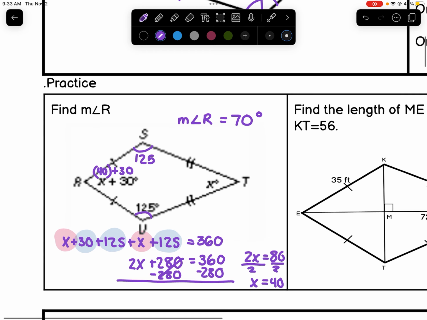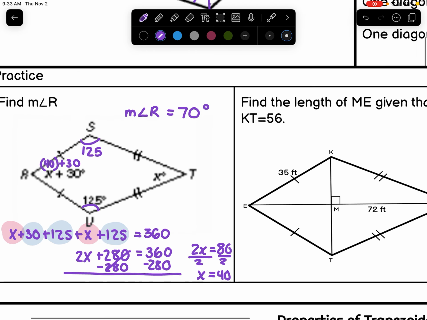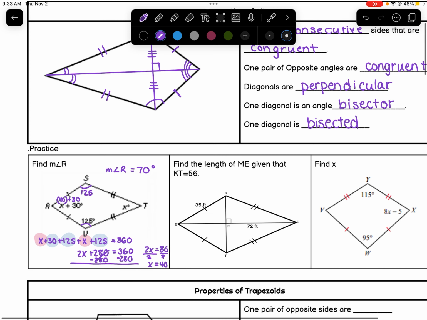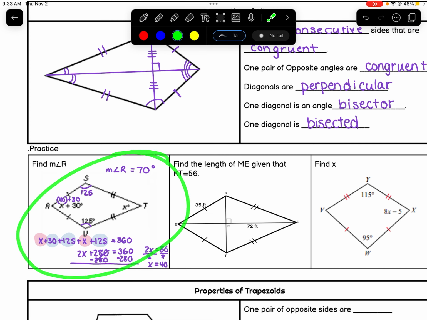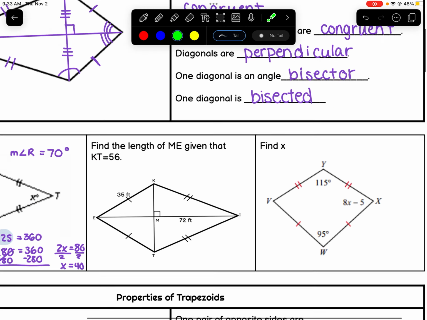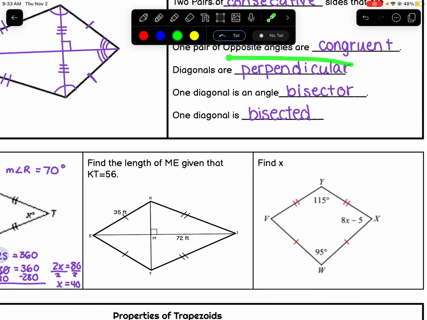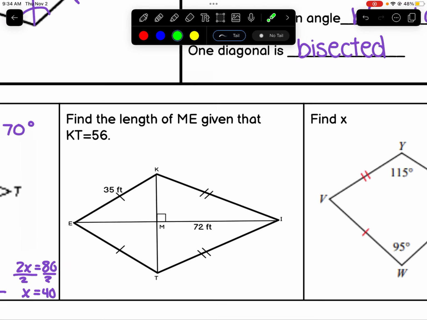So, moving on to our next problem, we're going to apply a different property. The only property that we applied on this problem was that one pair of opposite angles are congruent. The rest of the info was prior knowledge. So for this problem, the information that we're going to have to apply is the idea that the diagonals are perpendicular and the right triangle world that is opened up when that happens.